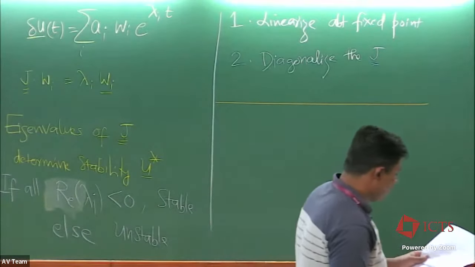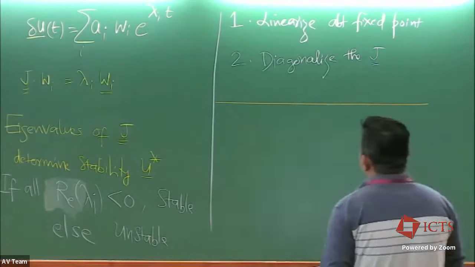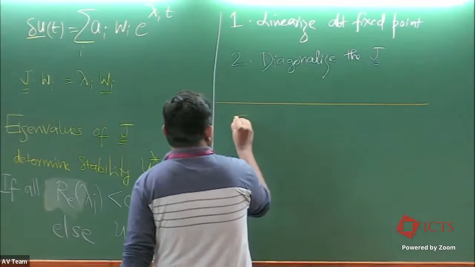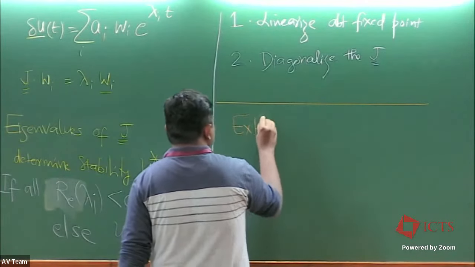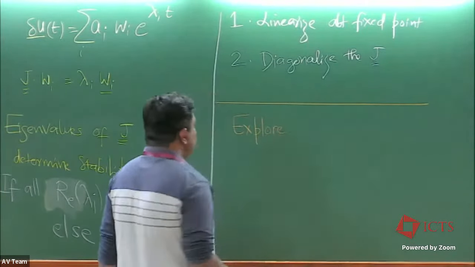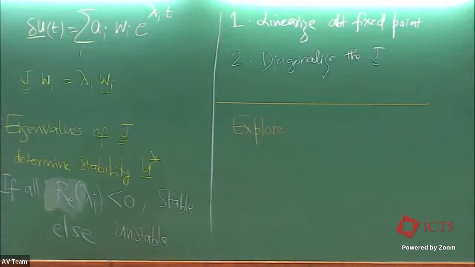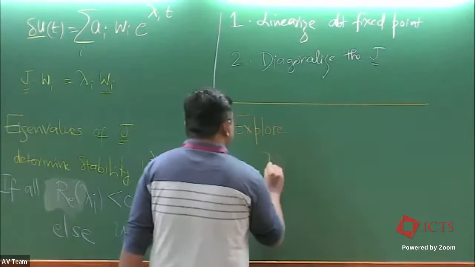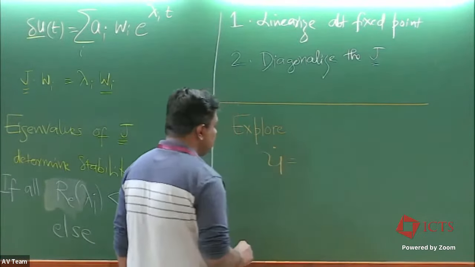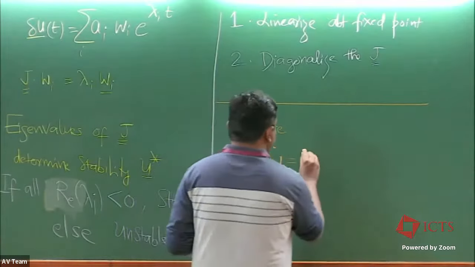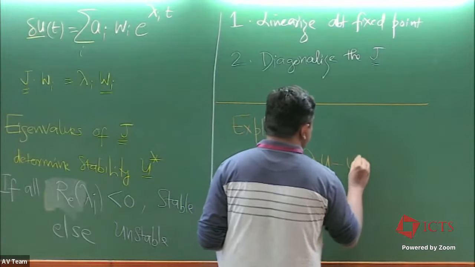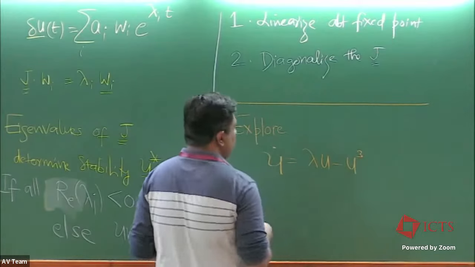I want you to explore this dynamical system. We will do some variant of this when we do polarity patterns, maybe tomorrow. So I want you to explore the ODE variant of that. I have a dynamical system, U dot equals lambda U minus U cubed, which is the same as what we analyzed there.